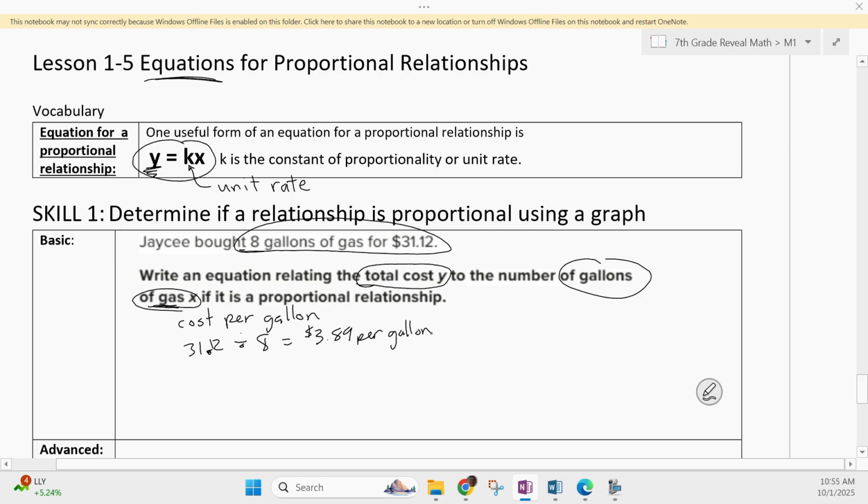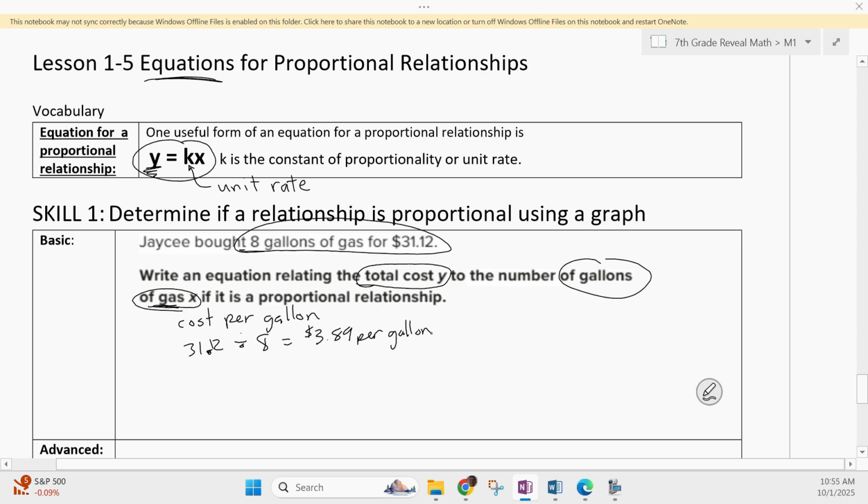What would you do on your calculator to get how much it would be for 2 gallons? You could do that plus that. What other operation could I do? Times 2, right? So the cost per gallon times the number of gallons.